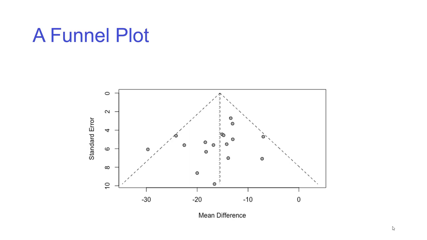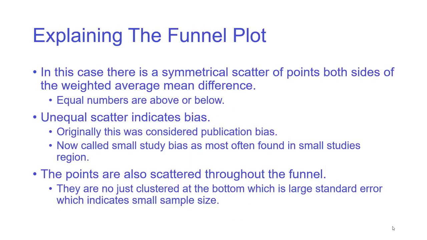It should be evenly above or below the mean difference, and you don't want to see too many points outside of the funnel itself. So in the case illustrated, there's a symmetrical scatter of points on both sides of the weighted average mean difference. There are equal numbers above and below.